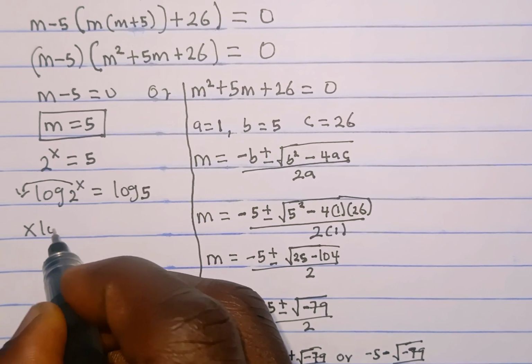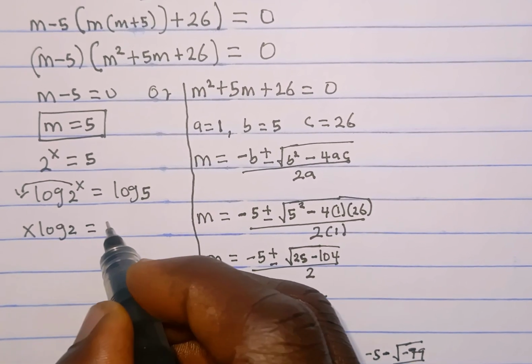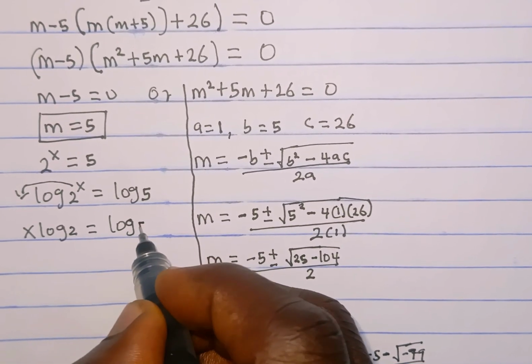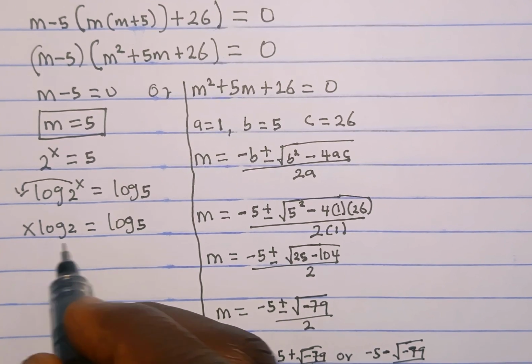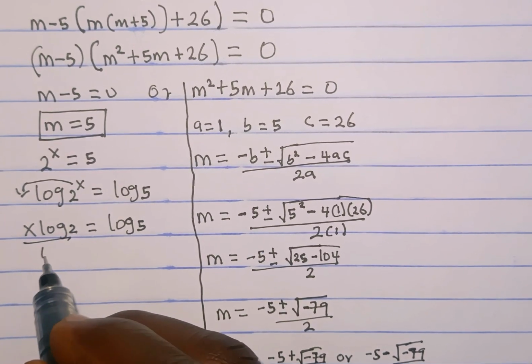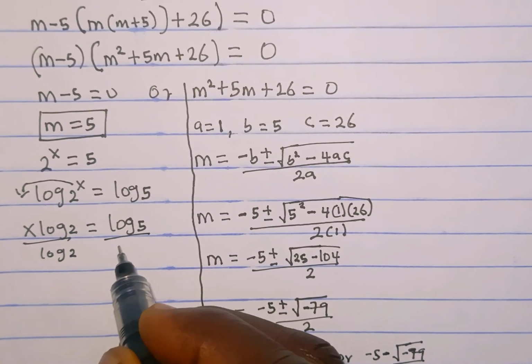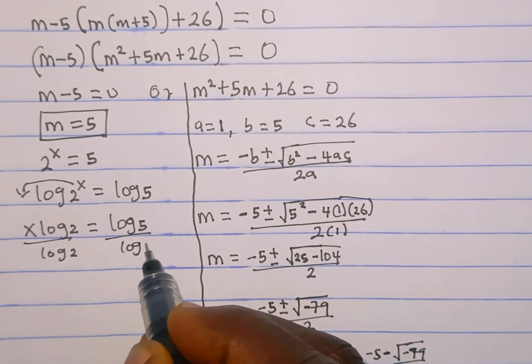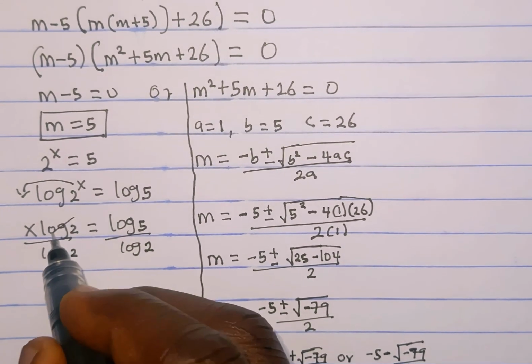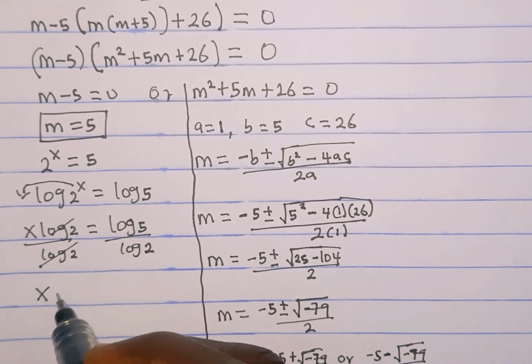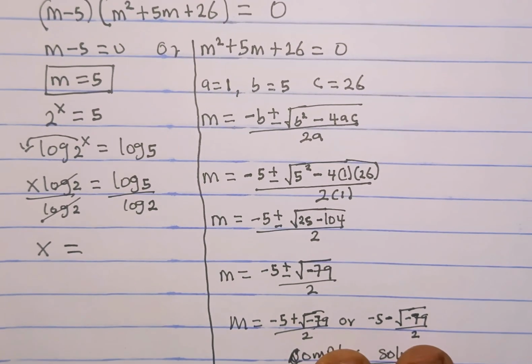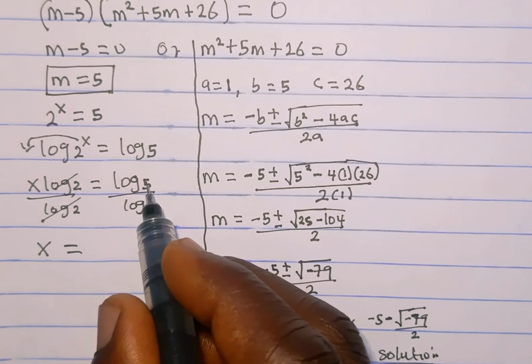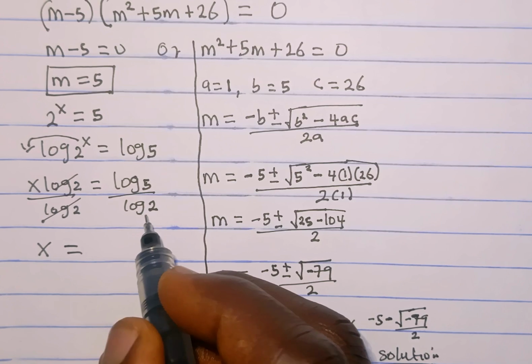We are going to have x log 2, which is equal to log of 5. Then we divide both sides by the coefficient of x, which is log of 2, and also do the same thing to the right hand side, which is log of 2. This log 2 is going to cancel this log 2. We are left with only x, which is equal to log 5 divided by log 2.